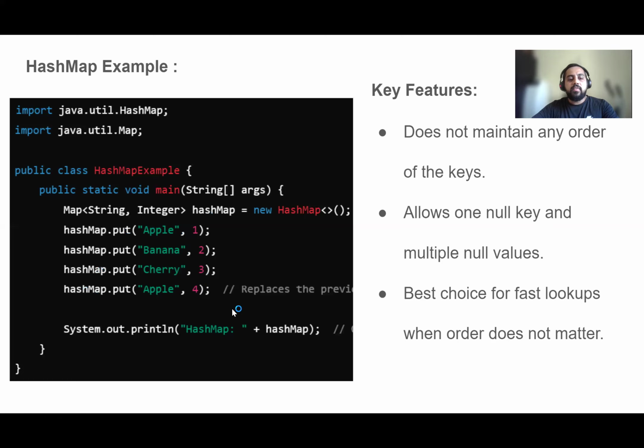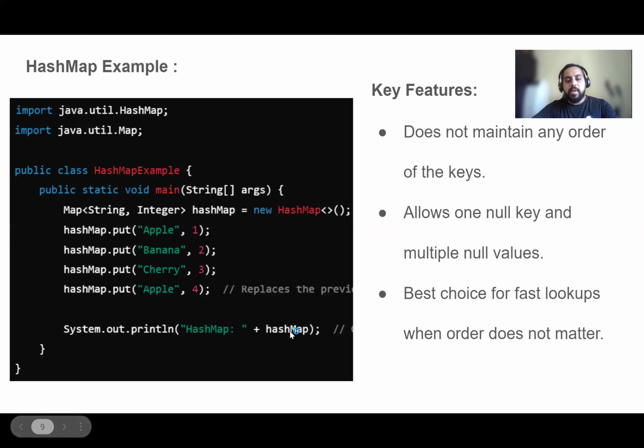And finally, we put apple again with 4. That means the key apple is already available in our collection. I already told you keys must be unique. No duplicates are allowed in keys in HashMap, so it will replace the already existing apple.